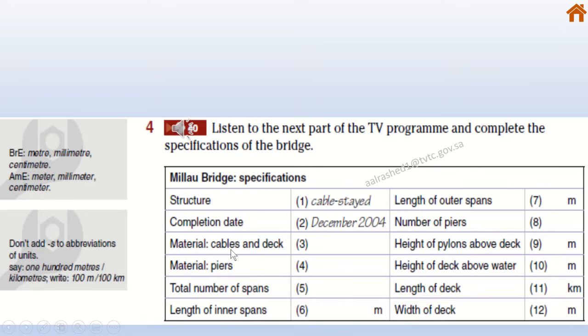The material. What is the bridge made of? It is made of steel. Steel is something rigid. You use it in buildings, bridges, cars, basically everywhere. Piers.